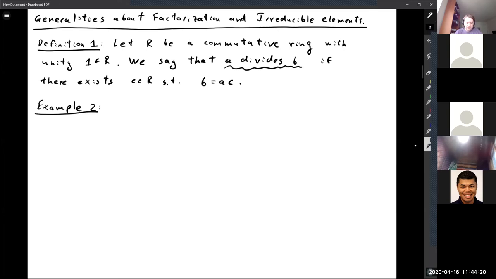If we have a unit, let's actually even say both ways: X in a ring is a unit if and only if X divides 1.